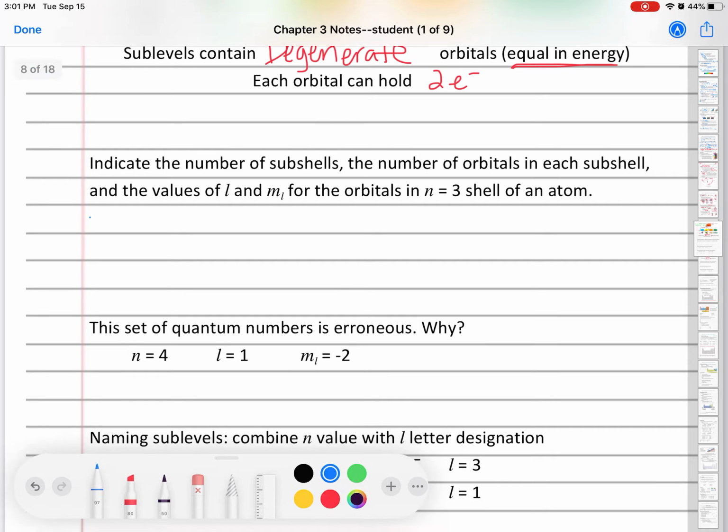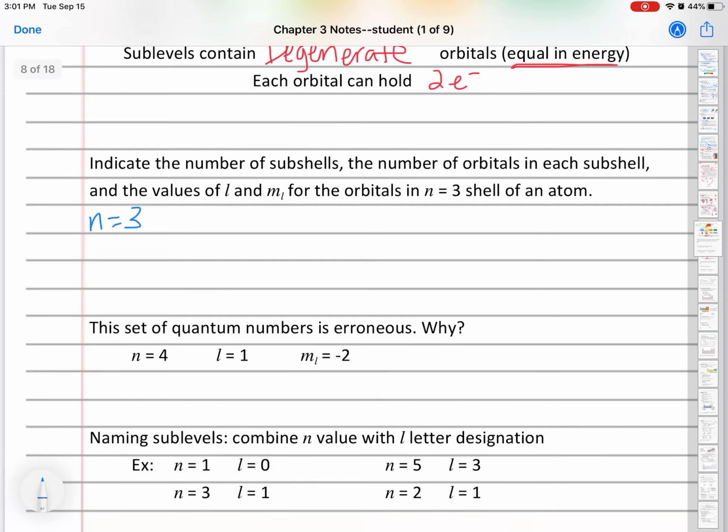So we have an n of 3. That means that there are 3 subshells, so the possible L values are 0, 1, and 2, or if we wrote out the letters, S, P, and D.